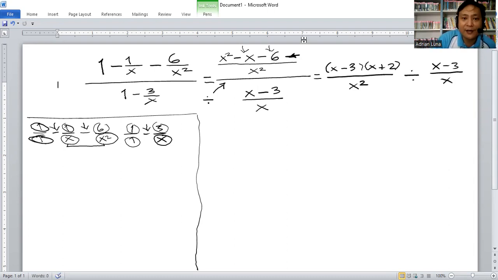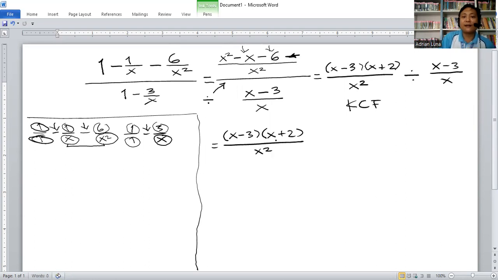So we have torn this down to this form, and we can easily solve it. Why? Because when we divide, since you know how to multiply, you know how to divide. And we learned in the past lesson the KCF. What is KCF? Simple. We keep the dividend. This one, the quantity of x minus 3 times the quantity of x plus 2 all over x squared, is our dividend.